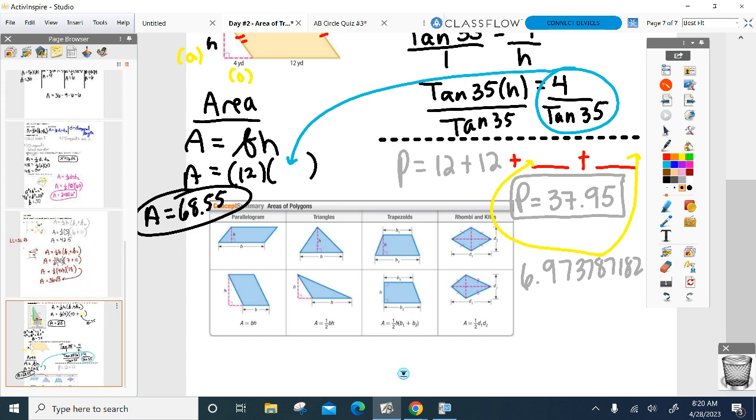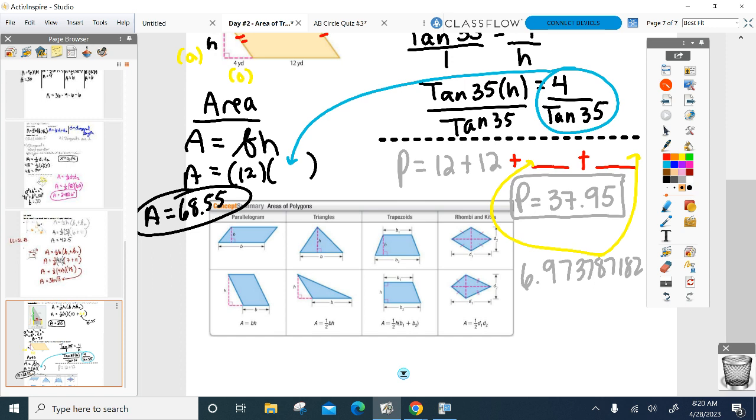You all right with that problem? Probably it was in your calculator, you just figured it out. And the height was when we did 4 divided by tangent of 35. Right there, there's your height. So how are you finding the side, Pythag or sine, cosine, tangent?